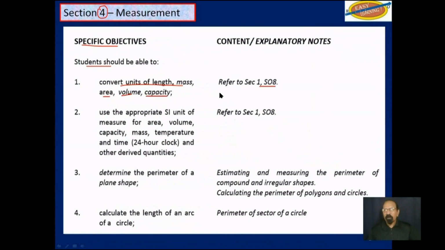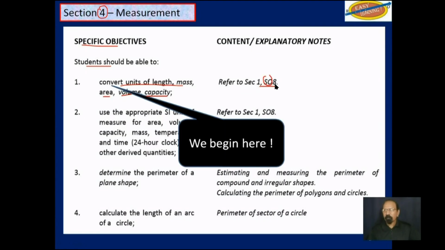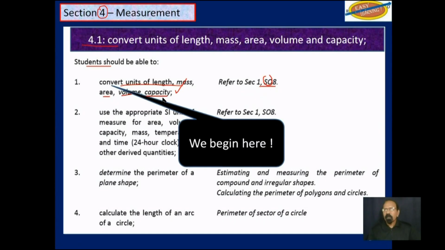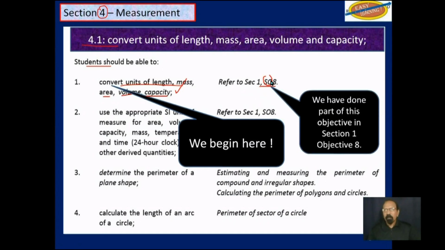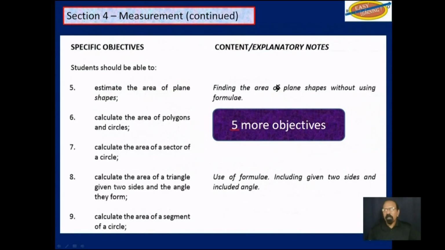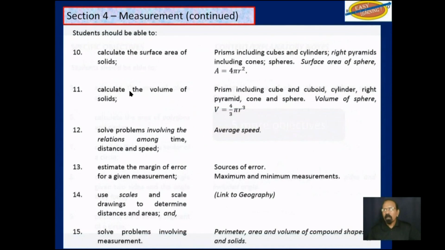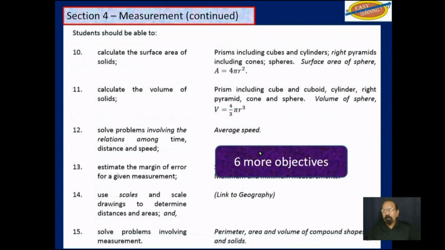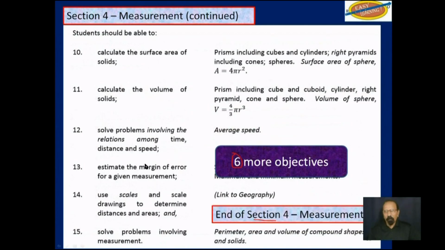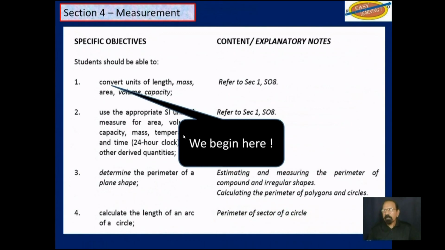And notice it says reference to Section 1, specific objective 8. So we are here, but note that we did some of this already in Section 1, objective 8. Then, of course, we have 5 more objectives here, followed by 6 more. And that would bring us to the end of Section 4, Measurement. So as I said, we are here.